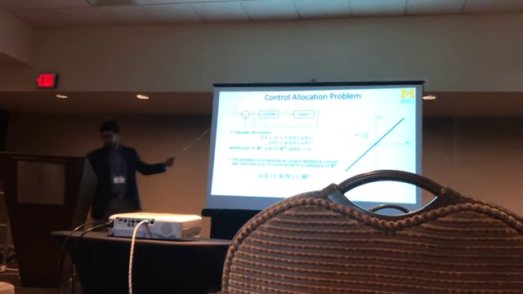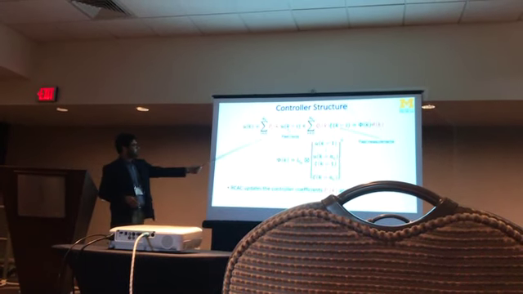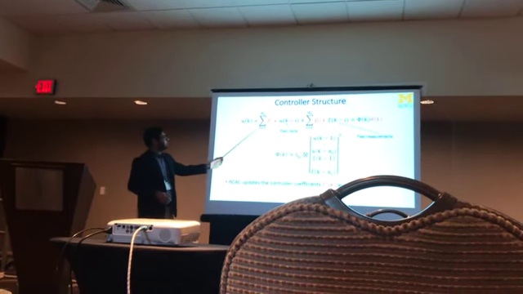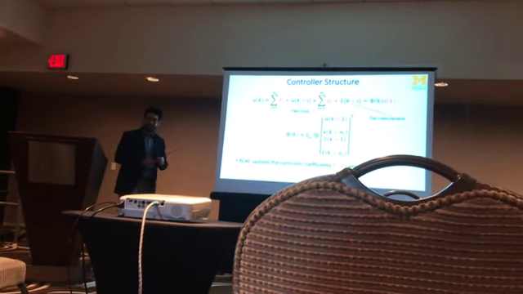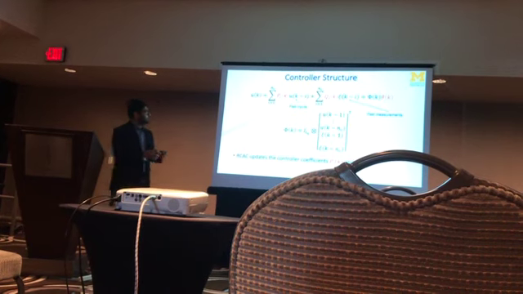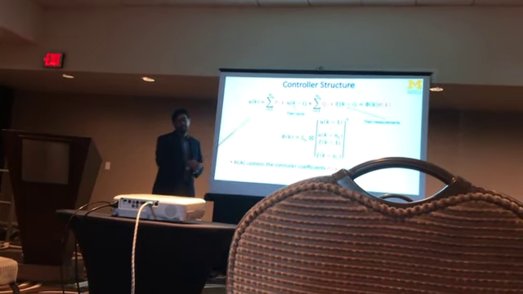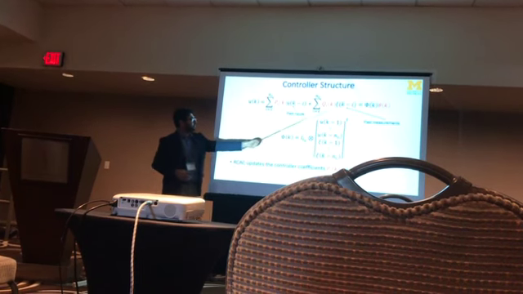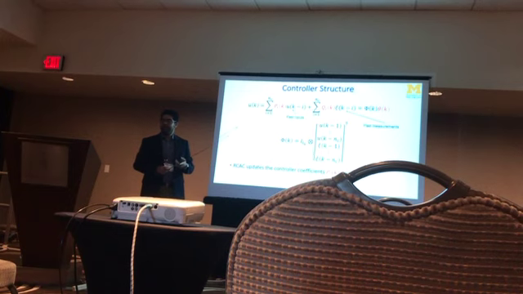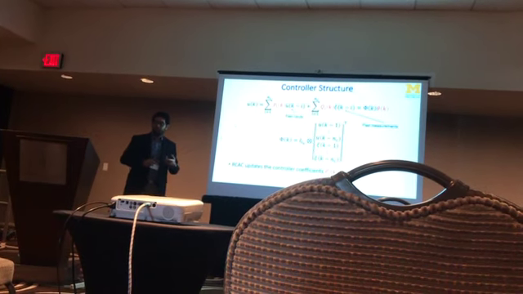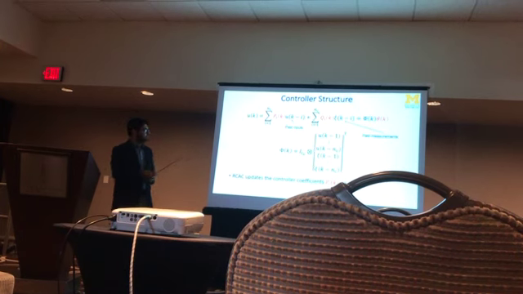The controller that we use in our work is given by a time series model where the p_i's and q_i's are the coefficients of the controller, and u(k-i) and c(k-i) contain the past measurements. These are the past inputs, and these are past measurements. These past measurements could include the reference command, the output error, or the actual outputs of the system.